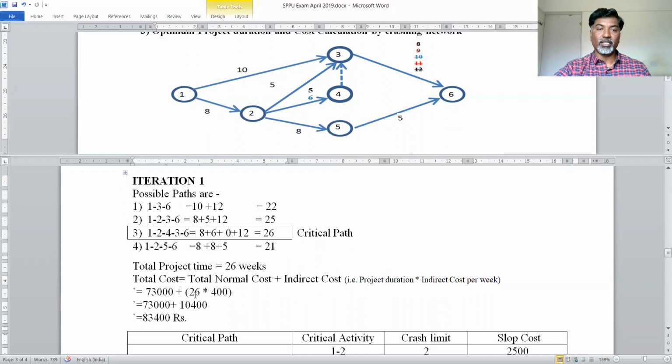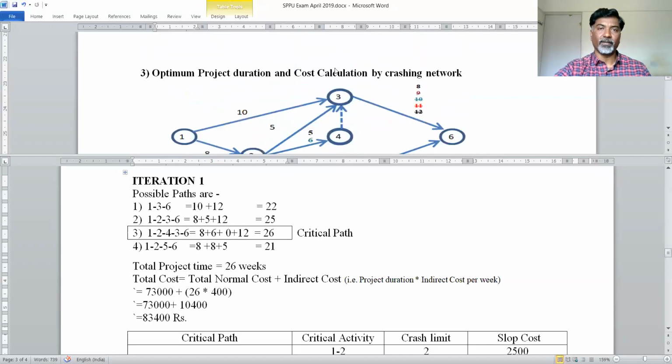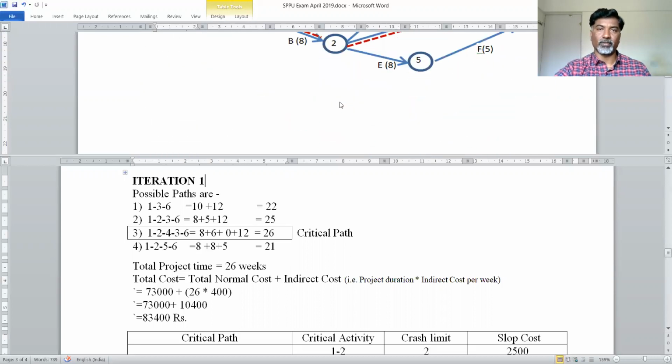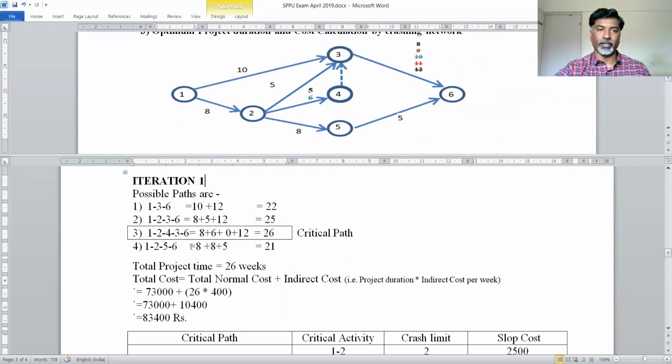So 26 into 400, and the total normal cost we have identified using this. We have added all normal cost, and that value is 73,000. So 73,000 plus 26 into 400. When you solve this example, you will get 83,400 is your total cost of project completion.